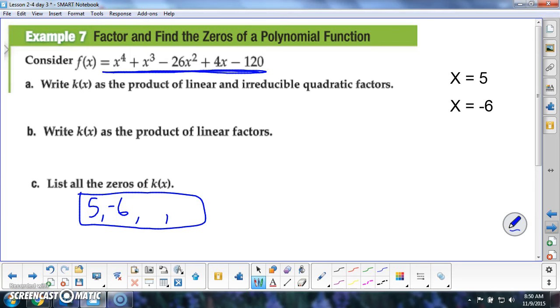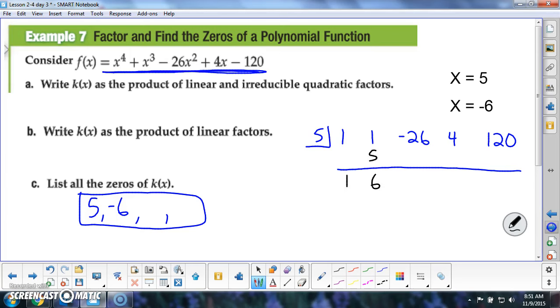So to do that, we're going to use synthetic division. Again, it doesn't matter the order. I'm going to start off with 5 and write out my coefficients. We got a 1, 1, negative 26, 4, and 120. Should get a 0 at the end because we know that 5 is a 0. What did I do wrong? 34, 20, 24.